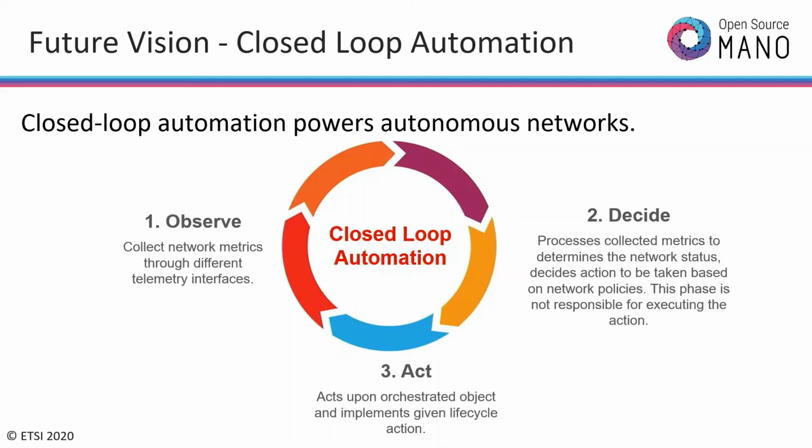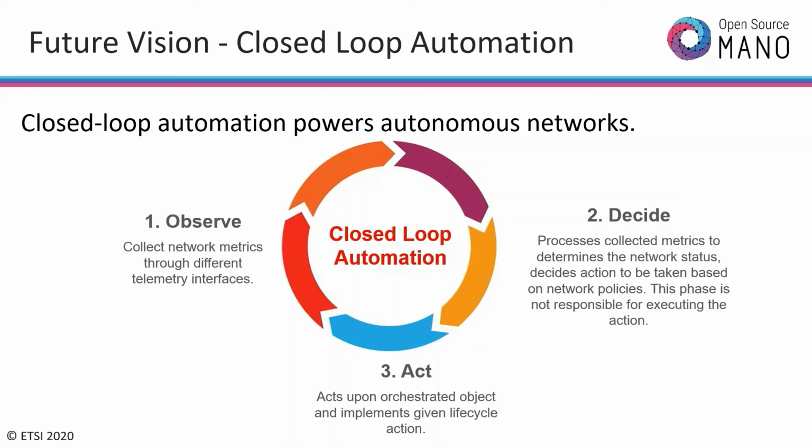For example, the SNMP exporter that I discussed last time is one step towards that. And then we'll add more telemetry adapters like a gRPC adapter and so on, so that we have the advanced telemetry to observe the network in a more granular way.